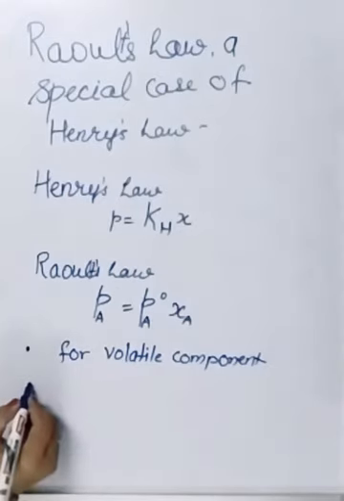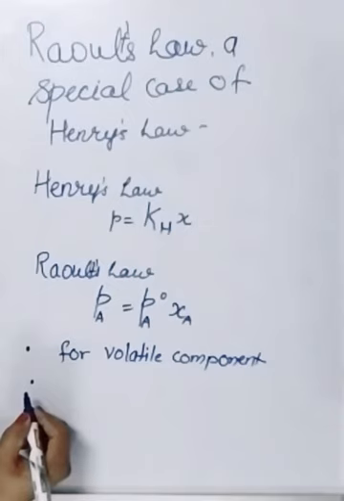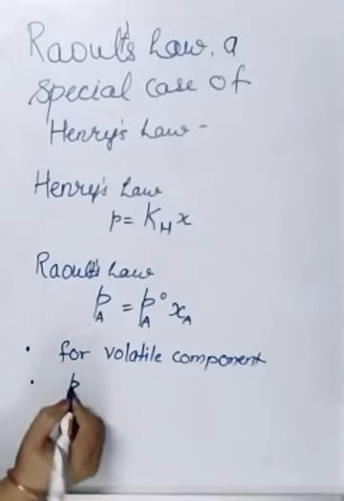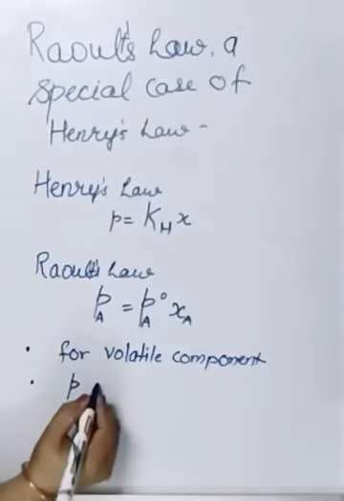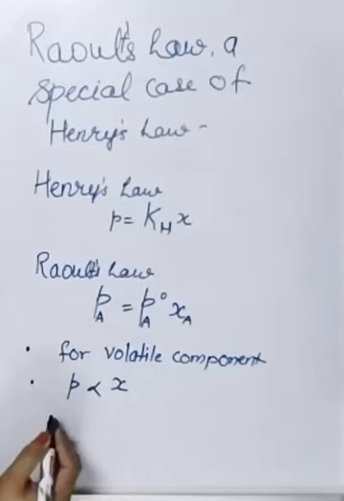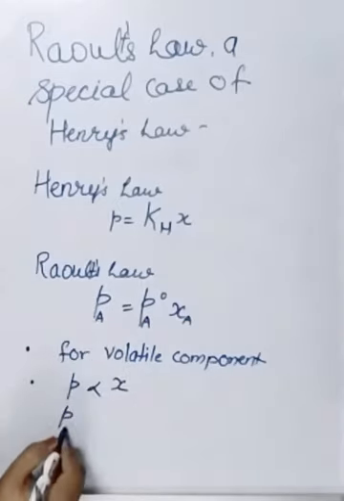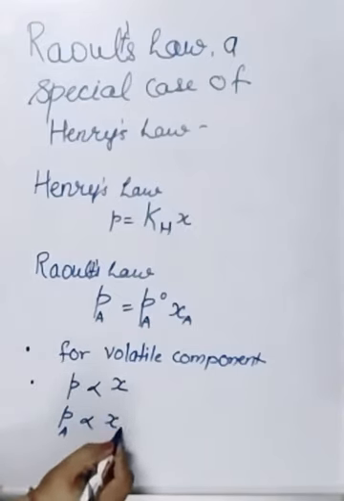Another similarity is that both the laws agree that the pressure in case of Henry's law is directly proportional to mole fraction, or in case of Raoult's law, PA is directly proportional to XA.